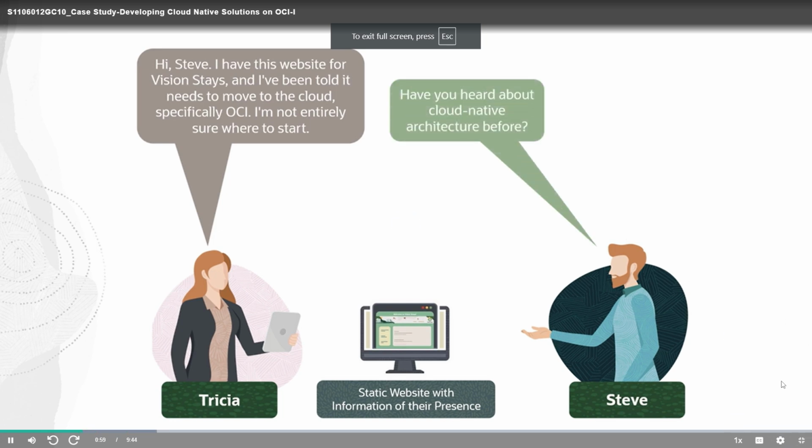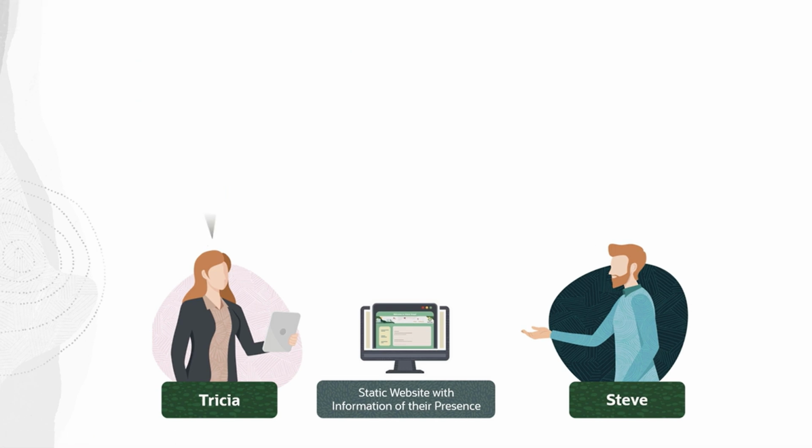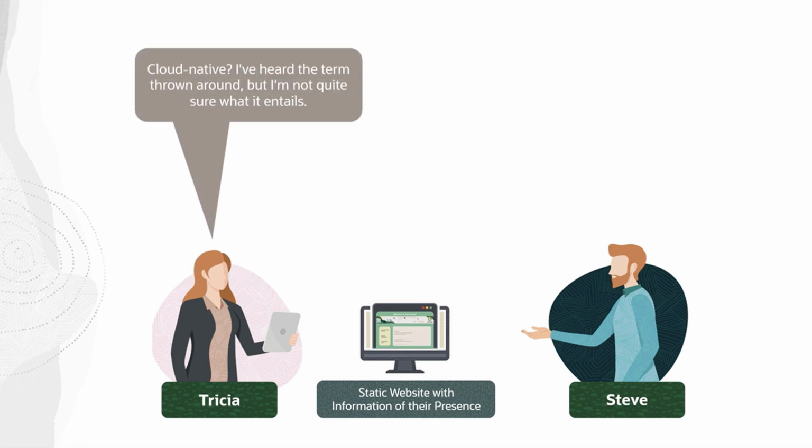Steve then asks Trisha about cloud-native approach, to which Trisha expresses familiarity but admits she is unsure of its specifics. Steve offers to explain further, indicating his readiness to clarify any uncertainties Trisha may have.